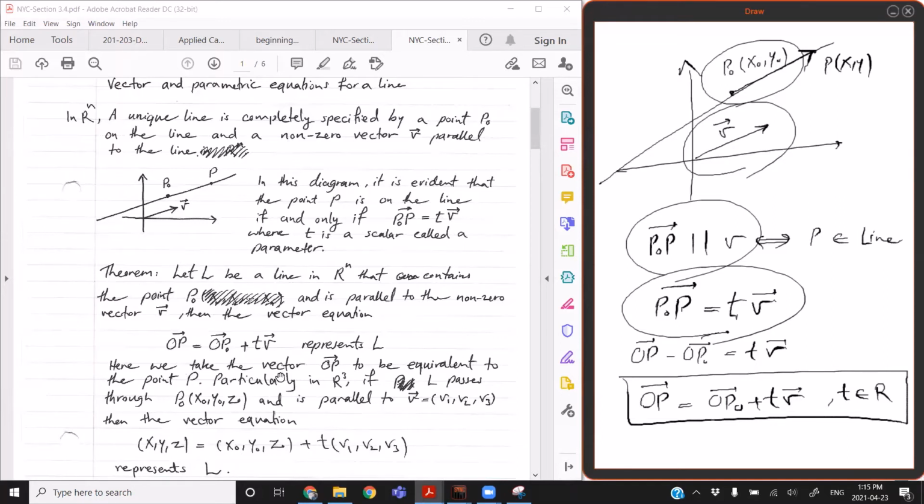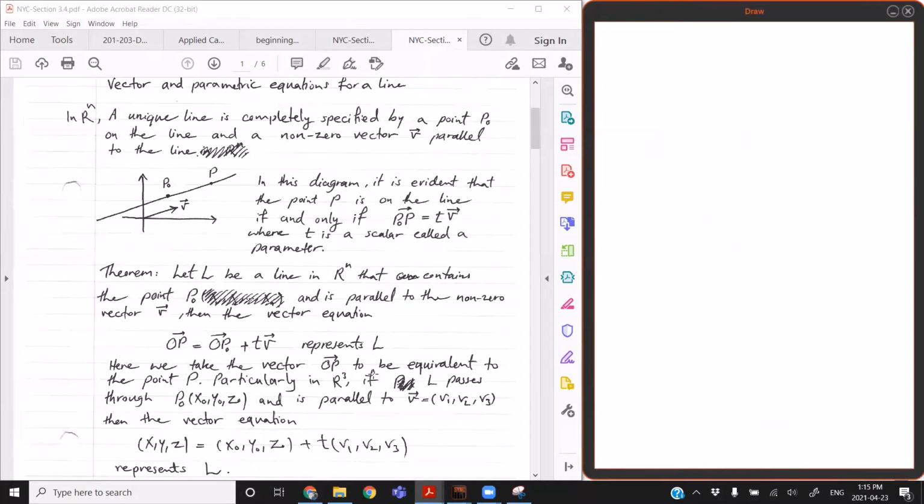So here we can take the vector OP to be equivalent to the point P. Because if I put a vector in the standard position, let's say, for example, this is O, this is P, and the vector OP is, let's say, 5, 3. What about the point P? The point P would be the point 5, 3.